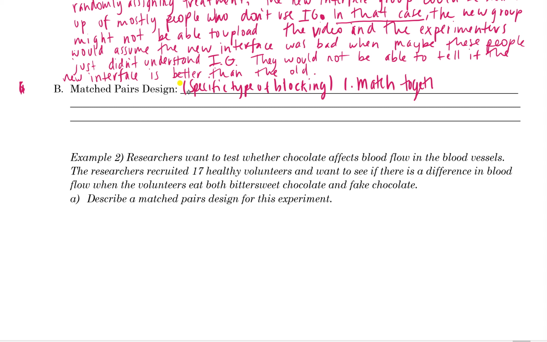So the first way to do this is to match together two experimental units that are similar and give one a treatment and the other a different treatment.